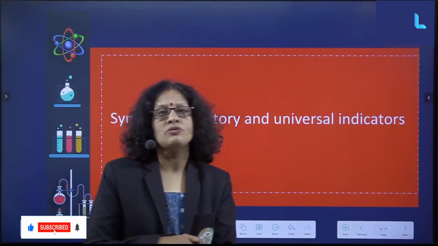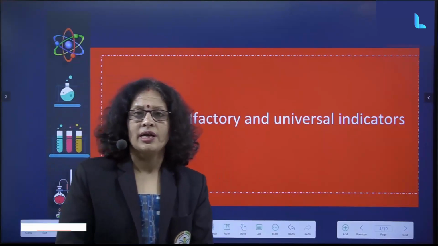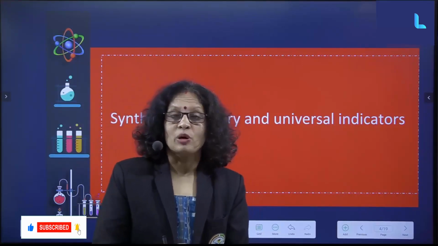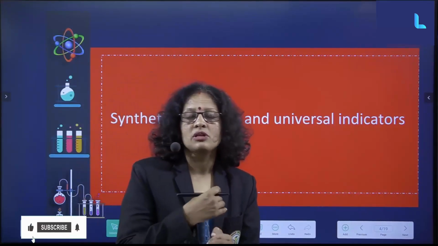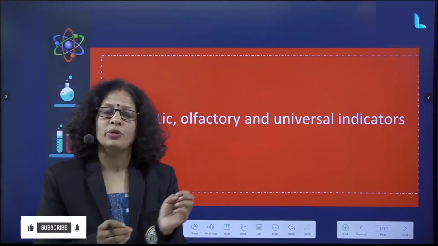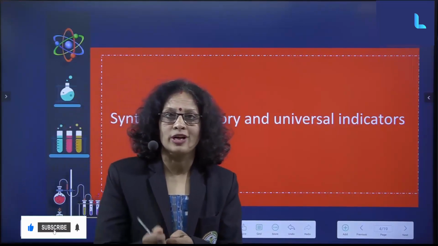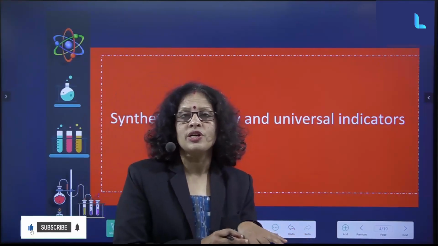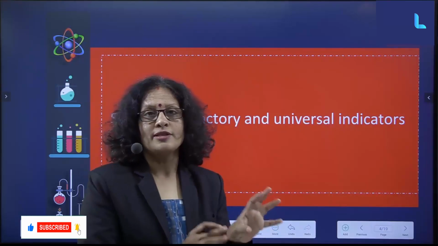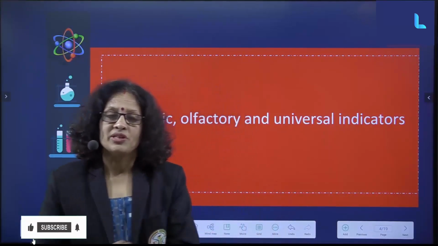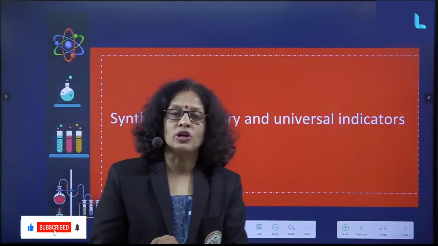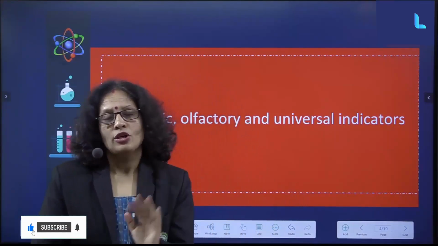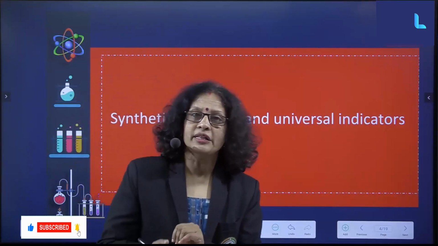Some natural universal indicators are also there, like in our earlier classes I have already mentioned, purple cabbage. Purple cabbage gives a huge range of colors when the juice or extract of the cabbage is treated. When an acidic substance is added, it shows the color of the acidic pH range. When a basic substance is added, the color changes from pink, light pink, red to blue, dark blue and greenish.